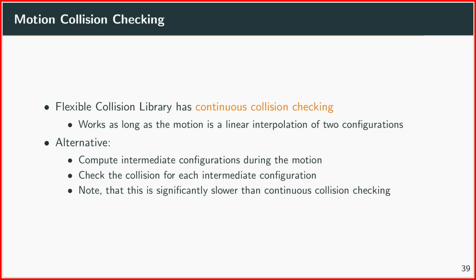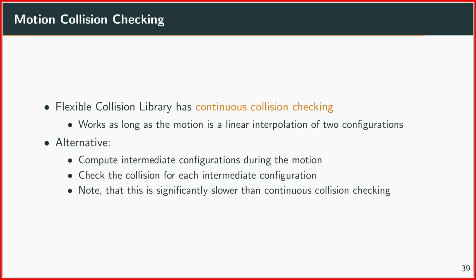And this works pretty well as long as the motion is a linear interpolation. If you can't do this continuous collision checking, then the alternative is that you just compute intermediate configurations during the motion, and then you have to check the collision for each of the intermediate configurations. And of course, this is significantly slower than continuous collision checking.